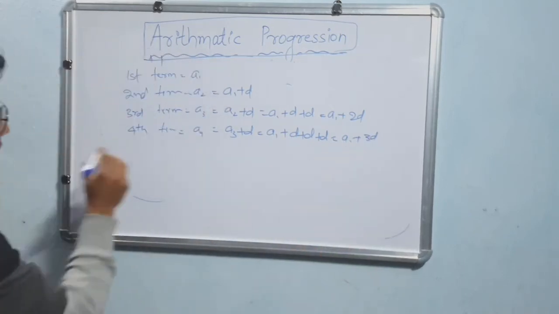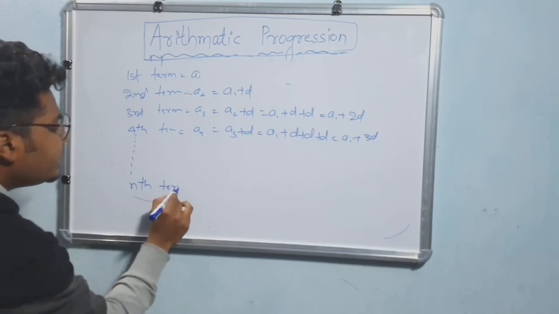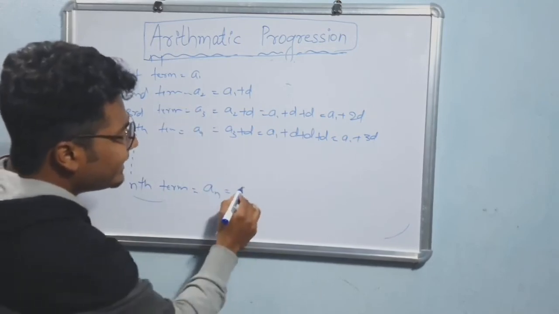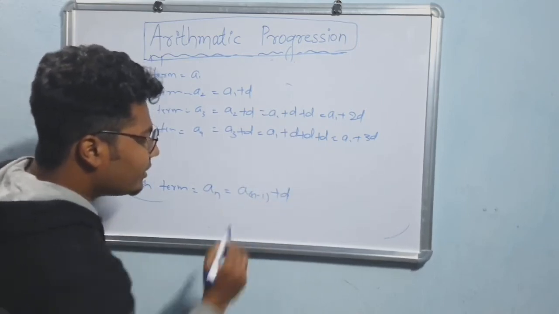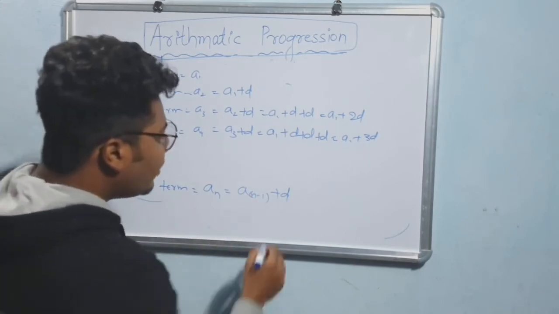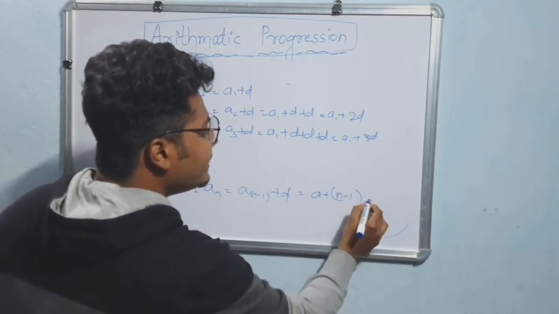Similarly, the nth term of the arithmetic progression is an, which is a(n-1) plus d. Or you can say this is a plus (n minus 1) into d.